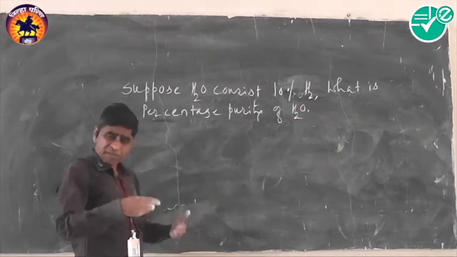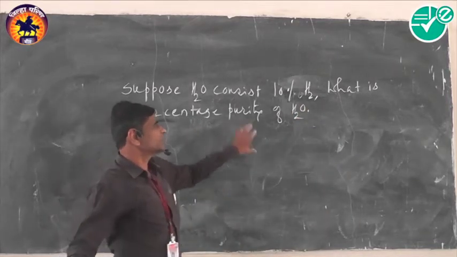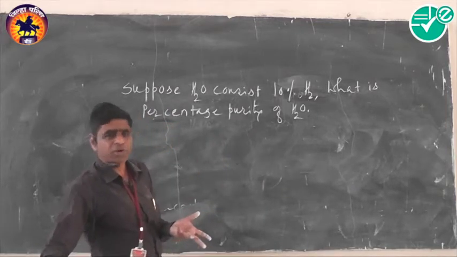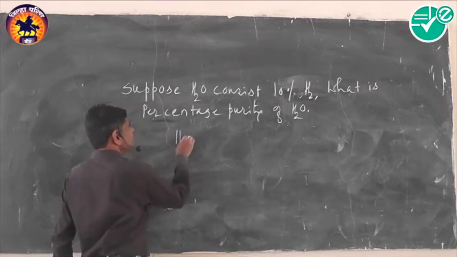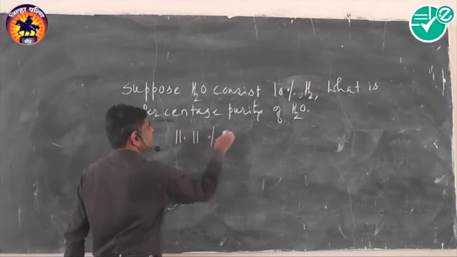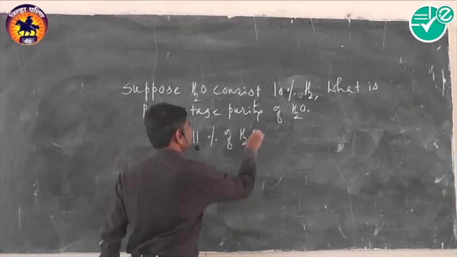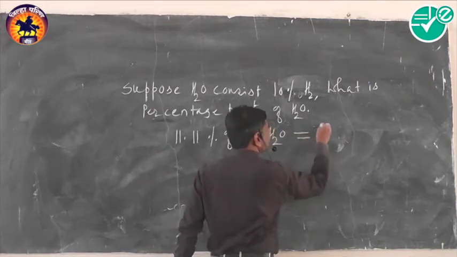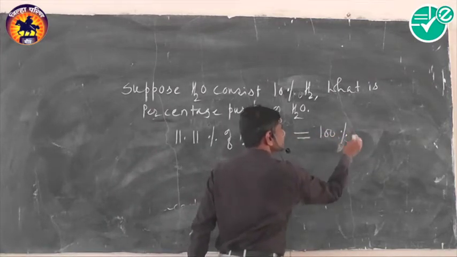Now already we explained that if a sample of water consists 11.11% hydrogen, that is 100% pure. Thus remember, 11.11% of hydrogen in water gives 100% purity.